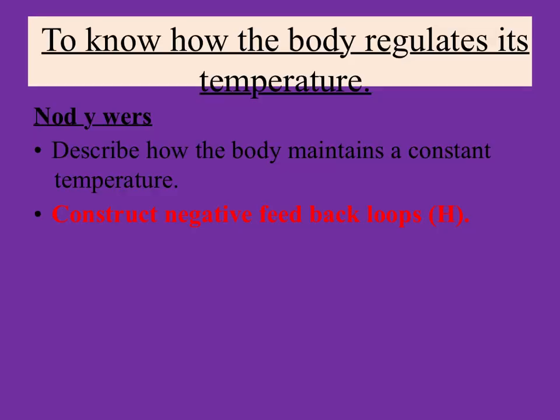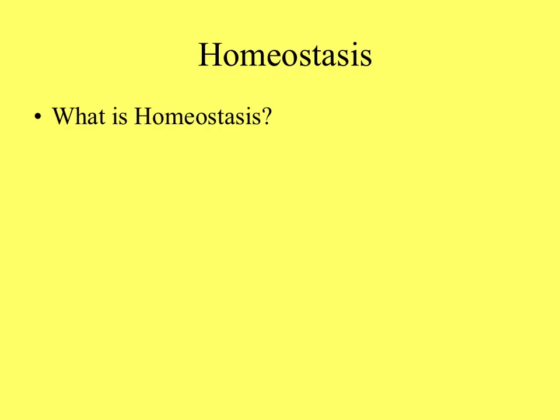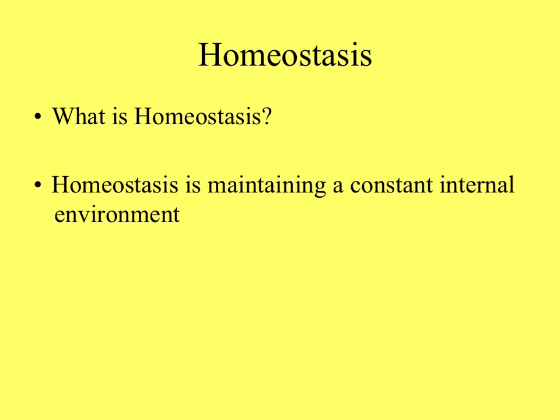So as we said, we're going to describe how the body maintains a constant temperature, and it's all to do with our skin. So first of all, what is homeostasis? Homeostasis is what we use to describe maintaining a constant internal environment. That includes temperature.